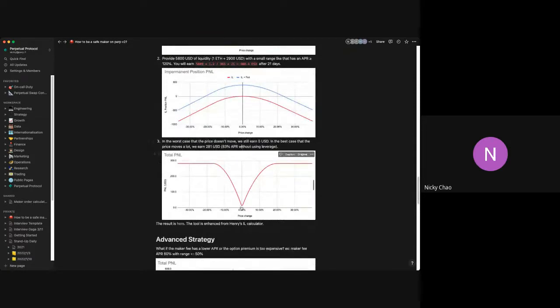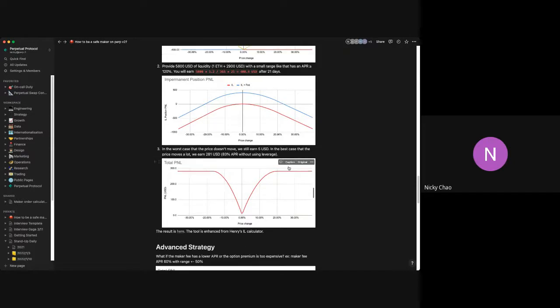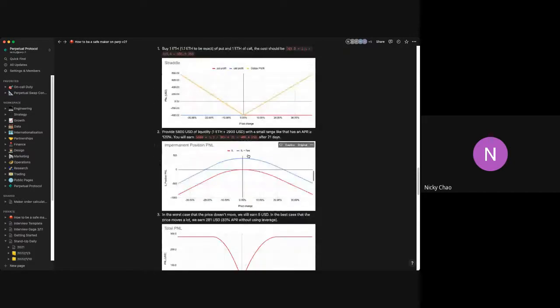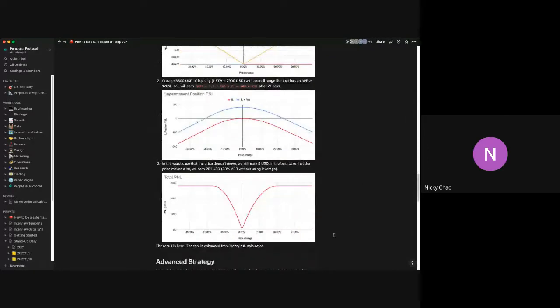Basically, this means that if the price doesn't move, you will not lose any money. And if the price moves a lot, you are actually earning money, because the hedge is not perfectly hedged, so we are earning more on the option side. And here's a link to show the result. You can click here to see more detail.